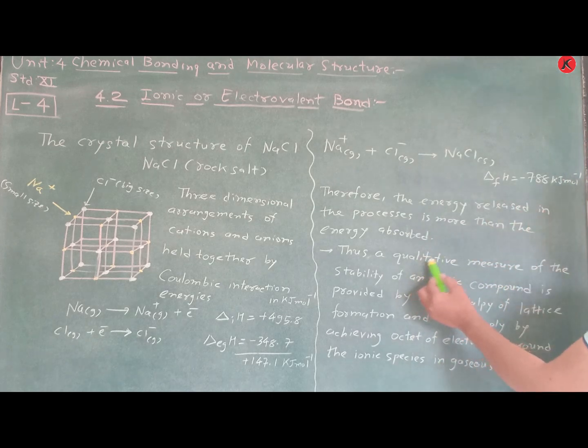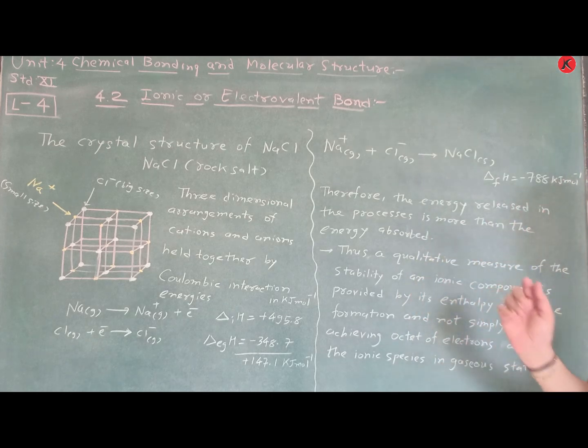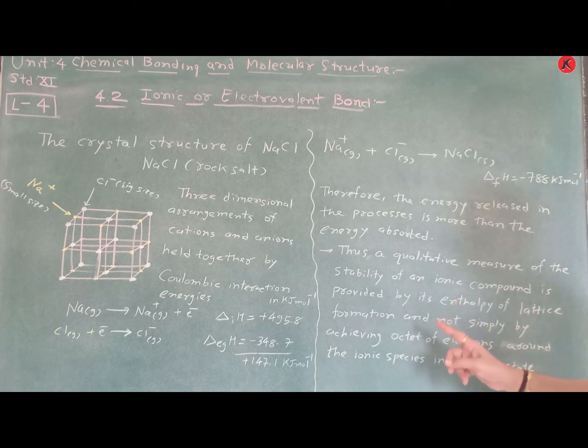Thus, a qualitative measure of the stability of an ionic compound is provided by its enthalpy of lattice formation, and not simply by achieving an octet of electrons around the ionic species in the gaseous state.